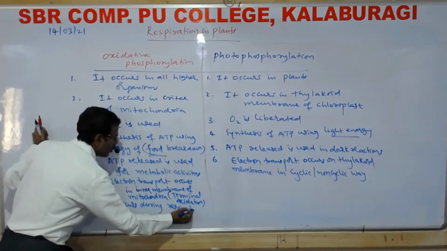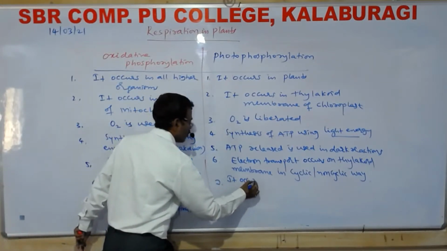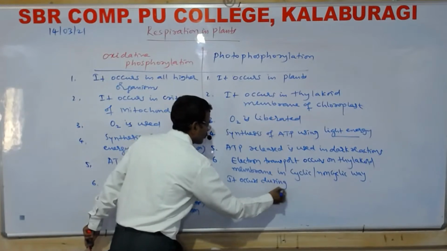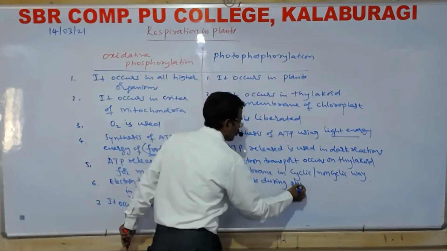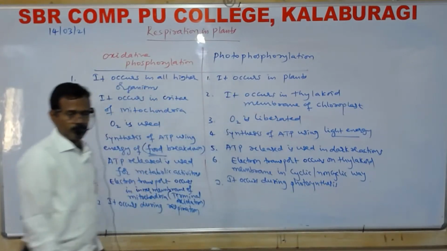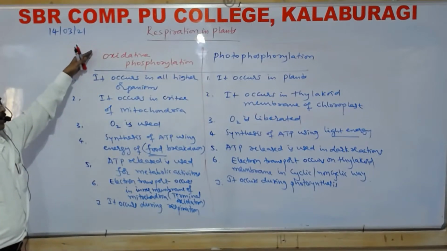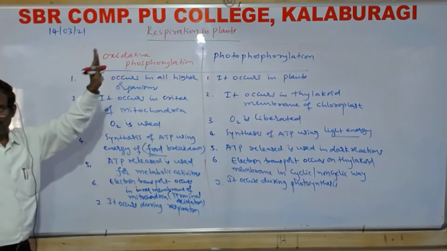Photophosphorylation occurs during photosynthesis. So these are some of the differences between oxidative phosphorylation and photophosphorylation.